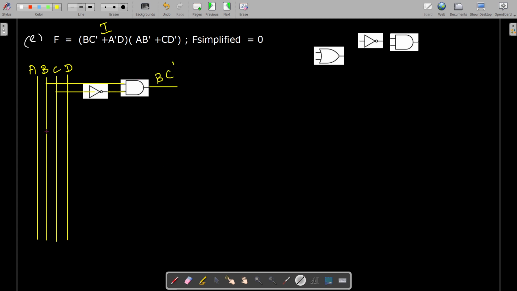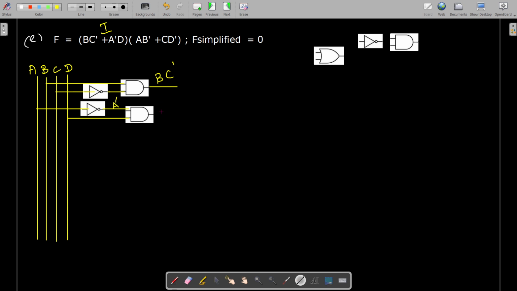Next we do A dash D. So we take the connection from A and give it to one inverter, and the output of this gives us A dash. And we take the connection from D. These two are now given to a two input AND gate.